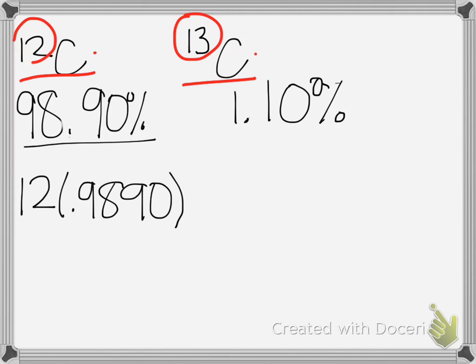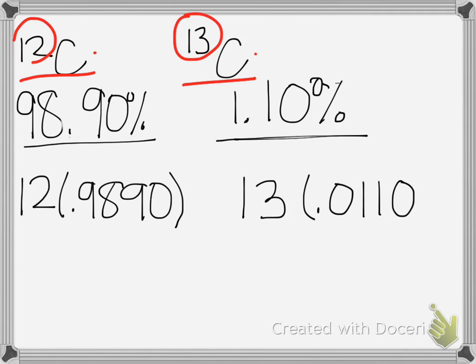Then we're going to multiply our carbon-13 by our percentage, which also needs to be in decimal form, 0.0110.